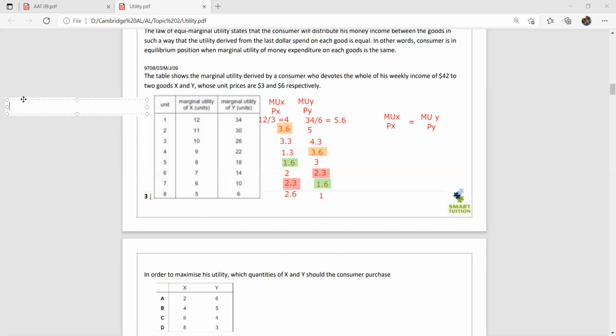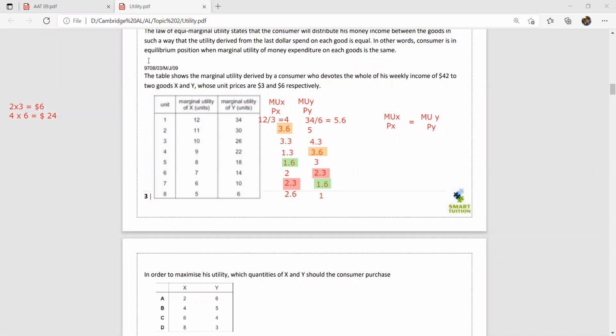I take first of all 3.6, 3.6, which is highlighted with yellow color. Then the consumer purchases 2 units of X. Price of X is 3, total is $6. And the consumer purchases 4 units of Y. Price of Y is 6, so 24 dollars.